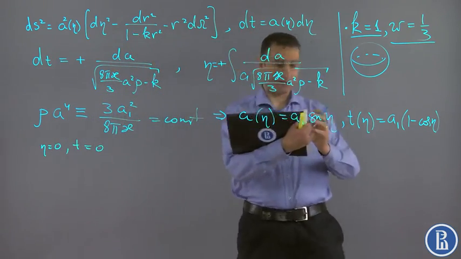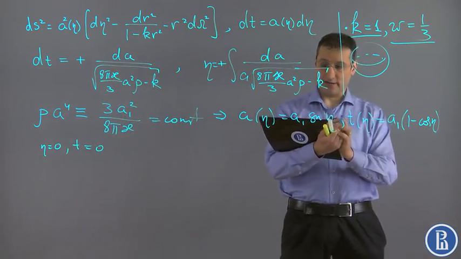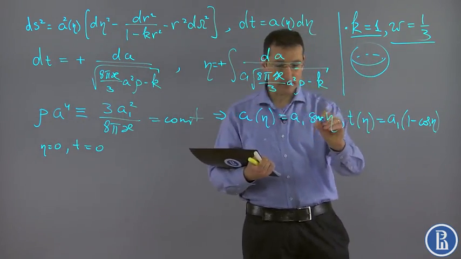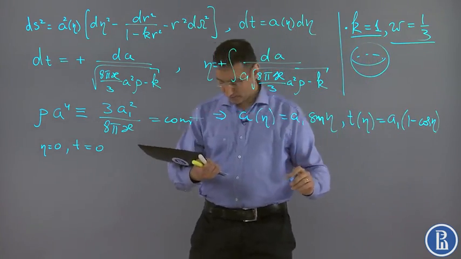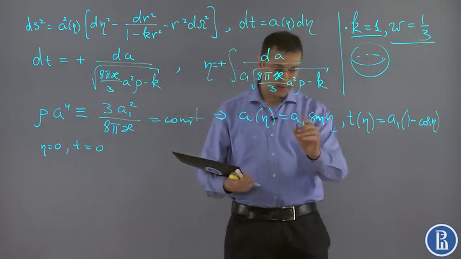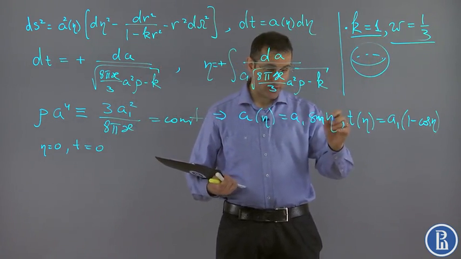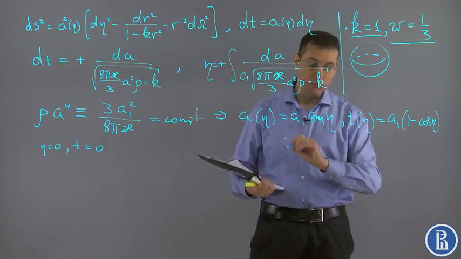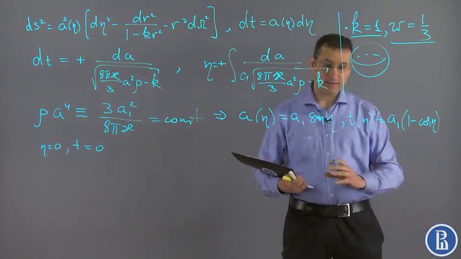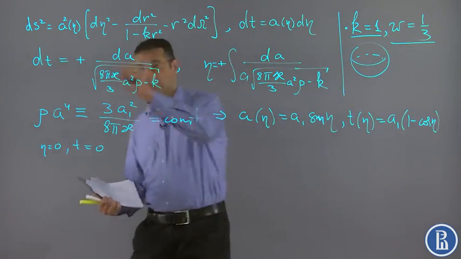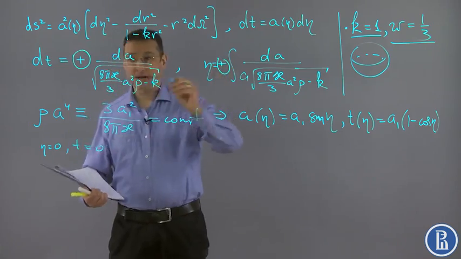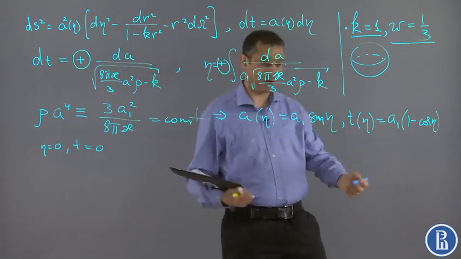Again, the universe starts its expansion with 0 size, expands to a finite size as eta goes by, at eta equal to pi over 2 it gets its maximal finite size, and then shrinks back to 0 size. All this consideration corresponds to plus sign. Minus sign would correspond to the time reversal of this solution.